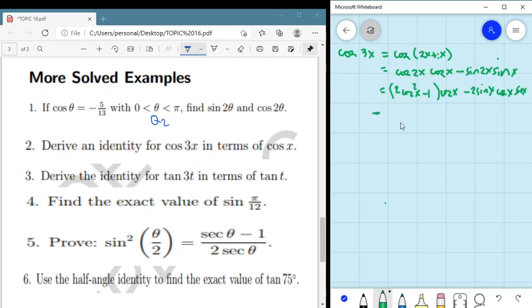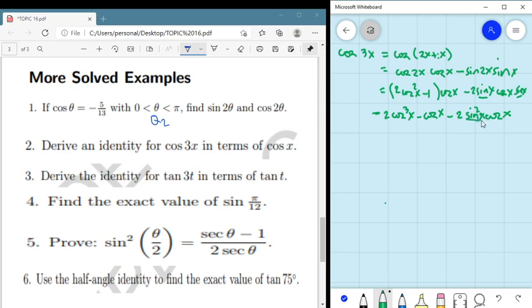Okay, so distributing, we have 2 cosine cubed x minus cosine x, then minus 2 sine x cosine squared, dapat sine squared x then cosine x.